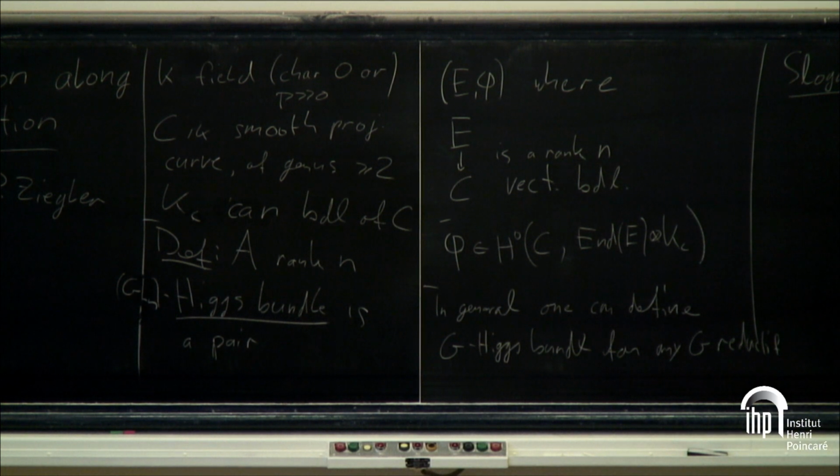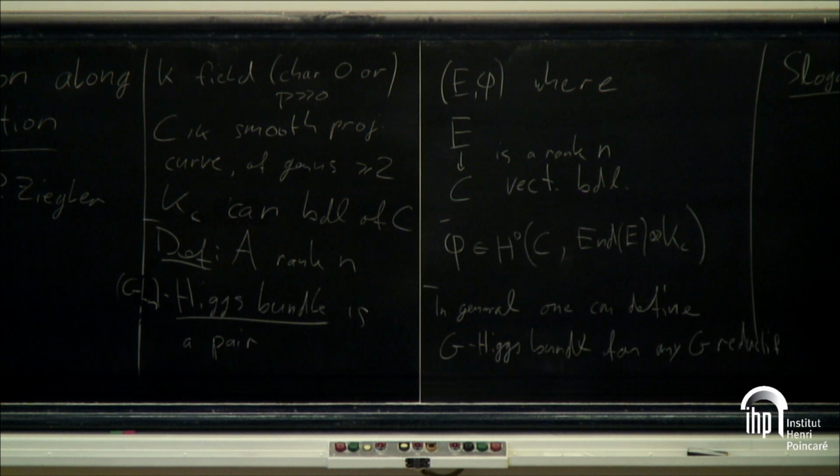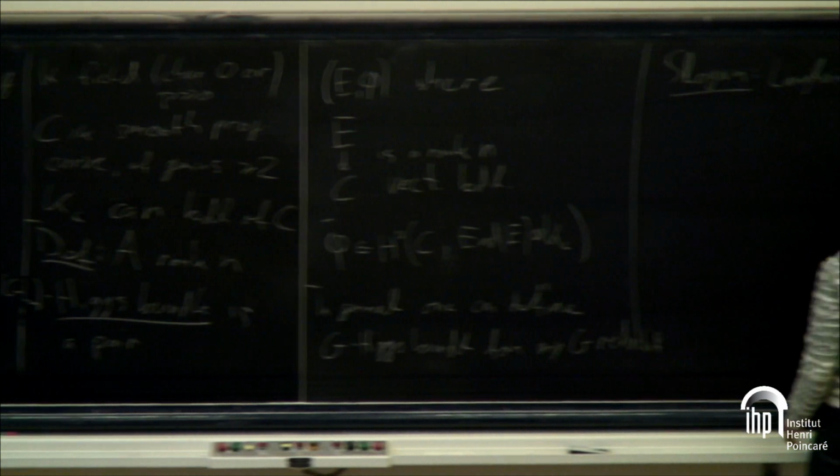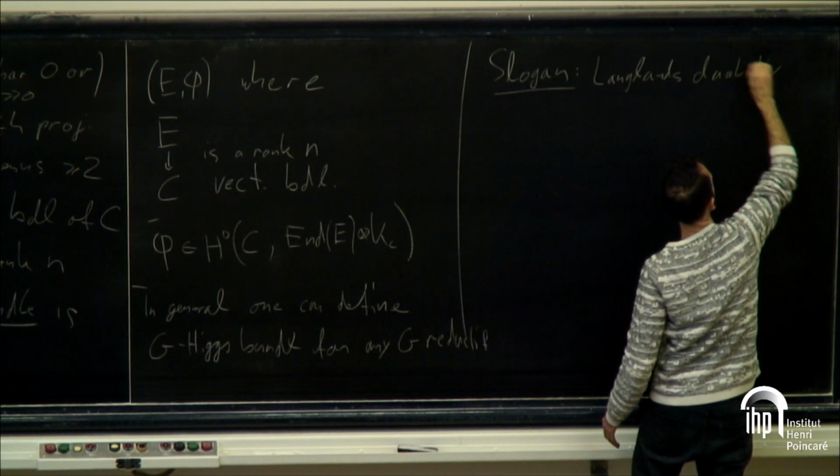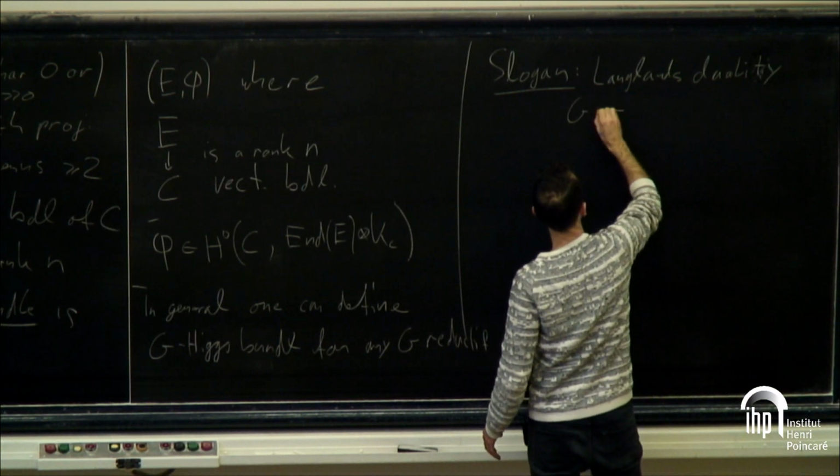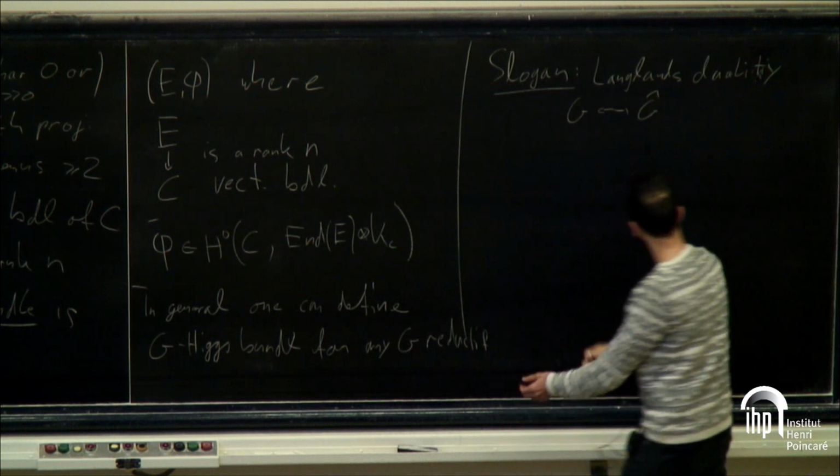that one has a duality on reductive groups, which is Langlands duality, which associates to G its dual.